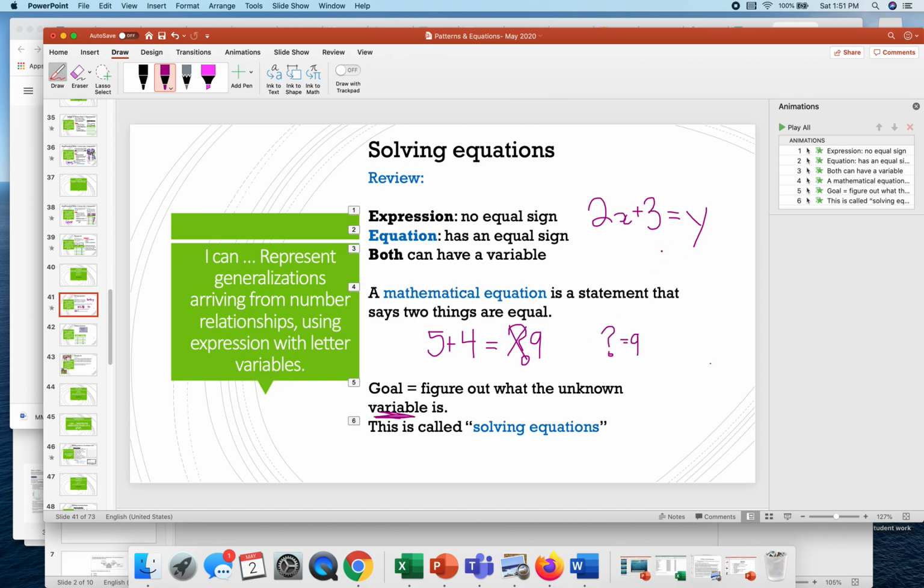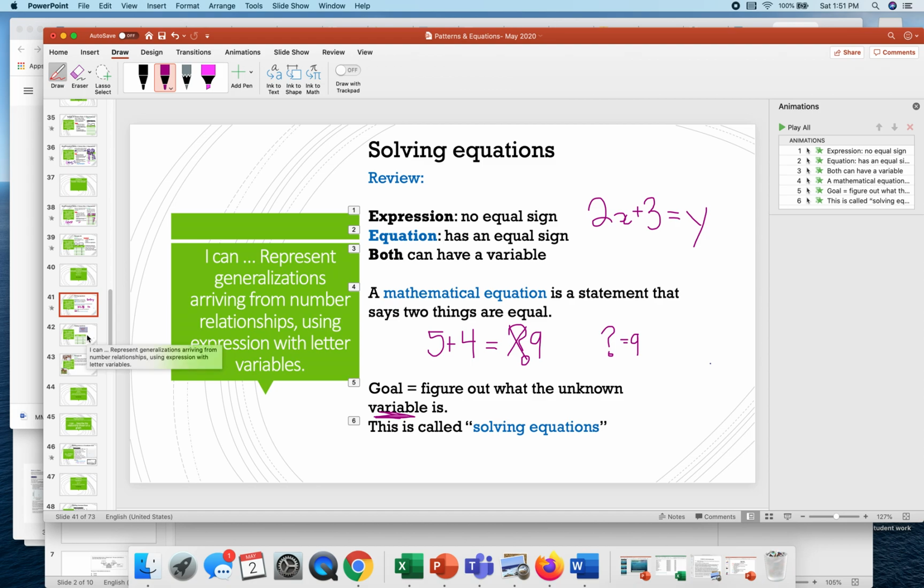But sometimes they might tell us what the y is and then want us to work backwards and figure out what the x is, okay? We're going to go through an example of this today, but this is basically called solving equations. So when we're finding out what the variable is, we're solving an equation, just like you've been doing in arithmetic ever since you were in grade 1.